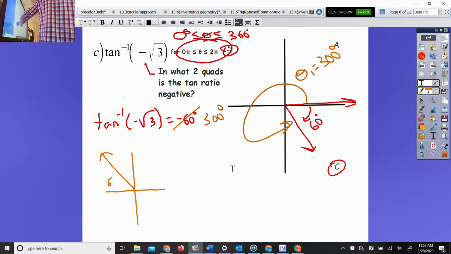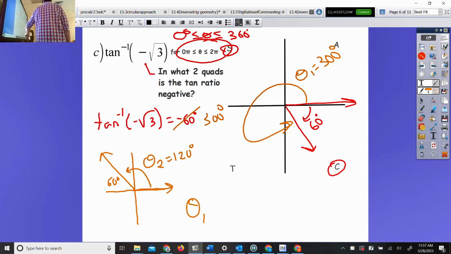A little piece is 60. What's the big piece? 3. Oh, that's the big piece. The big piece starts on the positive x-axis and rotates to the terminal side. 120, that's right. Here's your other answer. 120.